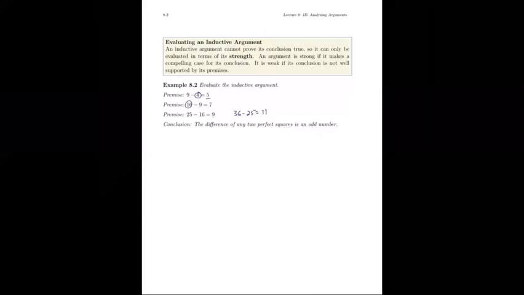16 and 4 are perfect squares, but we'll say this. Note that 16 minus 4 equals 12. And this is exactly what we need, which is a difference of perfect squares, those being 16 and 4, that is even.